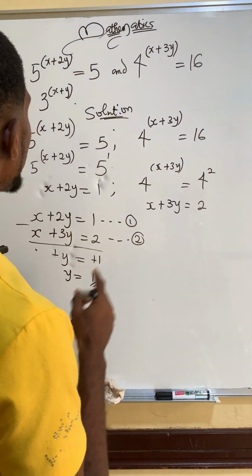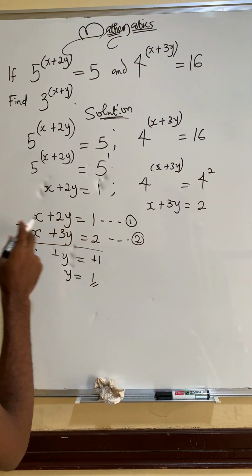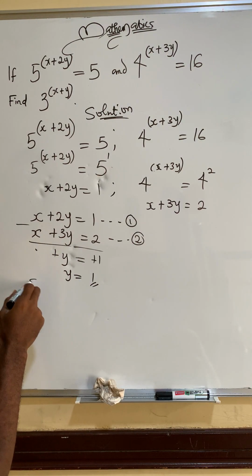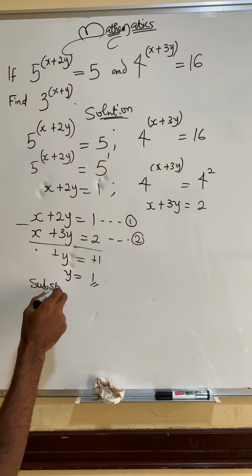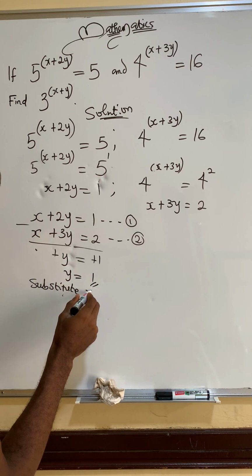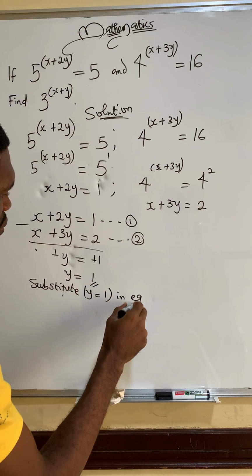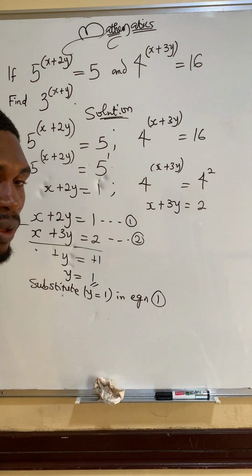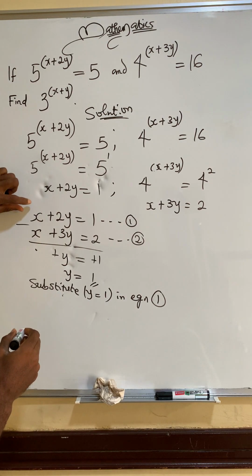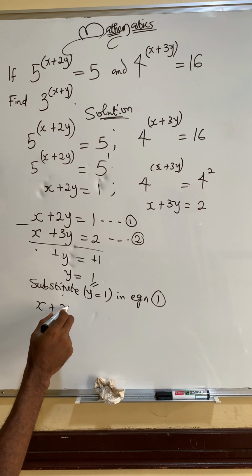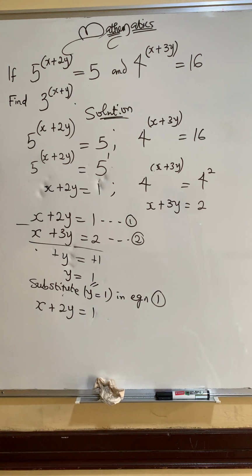So now let's go and solve for x. Substitute this in any of the equations. Let's use equation 1. Substitute y is equal to 1 in equation 1. So equation 1 says x plus 2y is equal to 1.